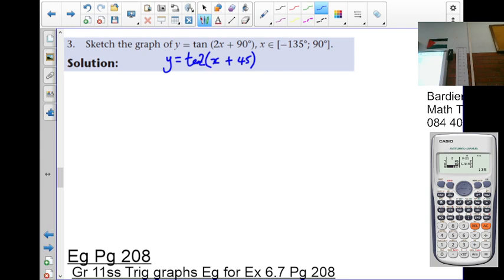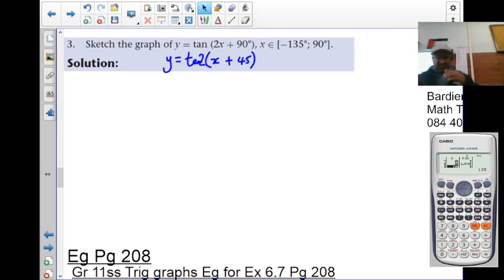Okay. Let me just prepare that axis quickly. So we're drawing it from negative, what is the line of the graph? Negative 135. So you say negative 135 plus 225, minus 225, 22.5.